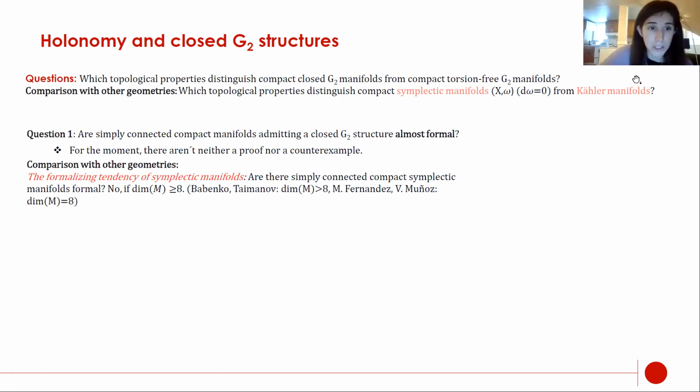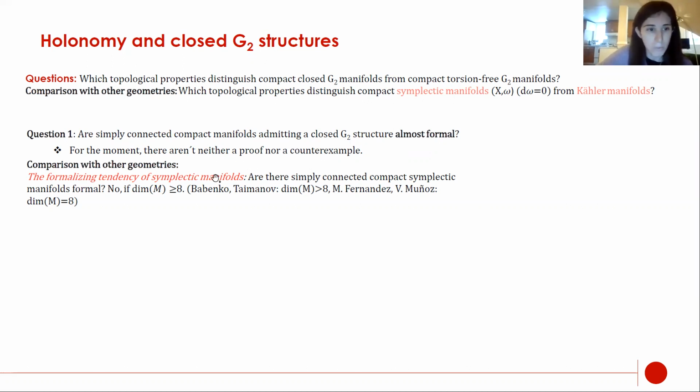So the first question is if simply connected compact manifolds admitting a closed-G2 structure are almost formal, because that's the property we know that compact torsion-free G2 structures verify. And for the moment, there isn't a proof or a counterexample.